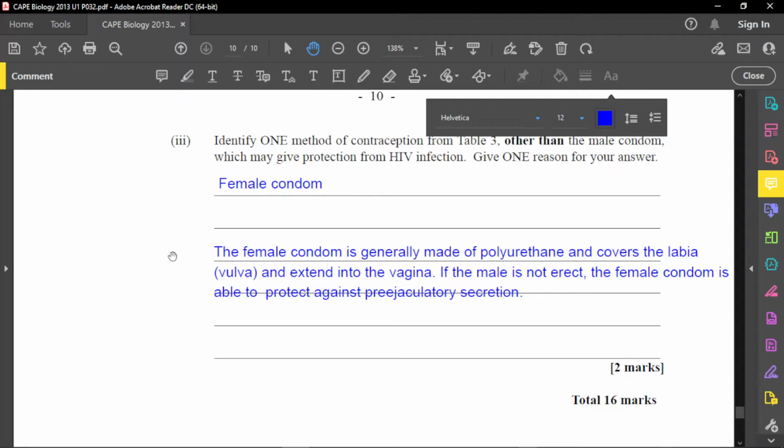Even if the male is not erect, sometimes the male still secretes a fluid called prejaculation, or prejaculatory secretion.